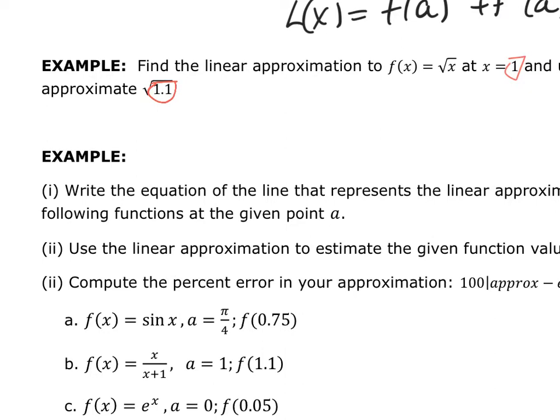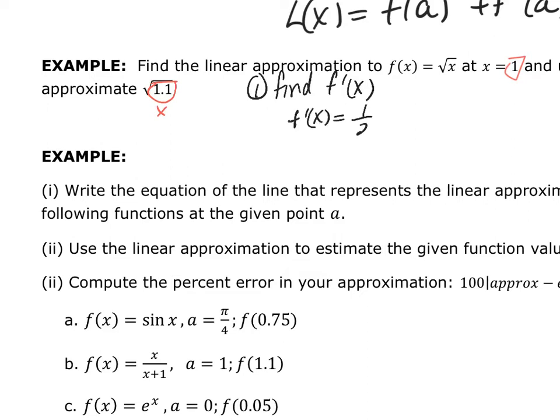So the first thing I have to do is find the derivative of my function because I need to evaluate it at my given a. So I have to find f prime of x. So I take the derivative of the square root of x. What's the derivative of the square root of x?